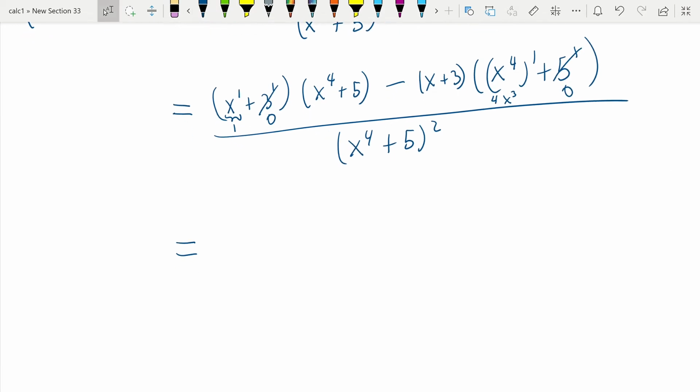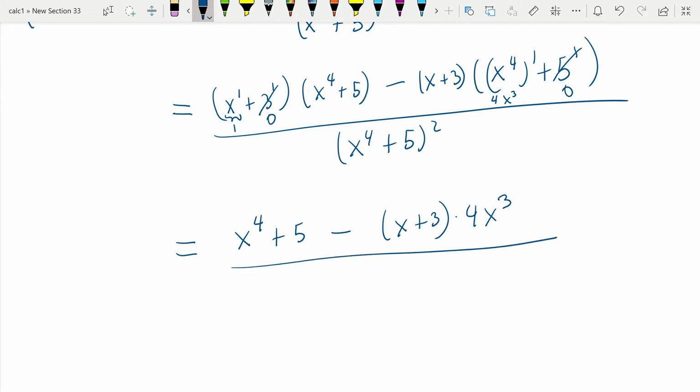So we obtain 1 times (x^4 + 5) minus (x + 3) times what's inside, 4x cubed, all divided by (x^4 + 5) squared.